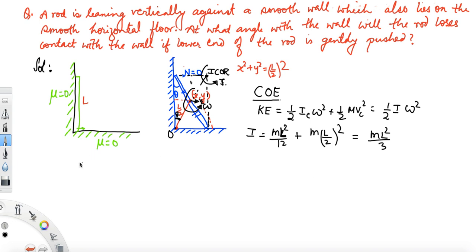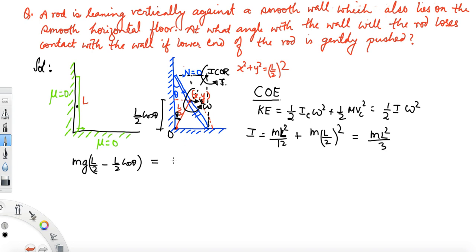Now we have this kinetic energy, and the loss in potential energy will be equal to mg times, you can see that initially L by 2 and finally this is L by 2 cos theta. So directly you can say the loss in potential energy will be mg times L by 2 minus L by 2 cos theta, which is the height through which the center of mass falls.